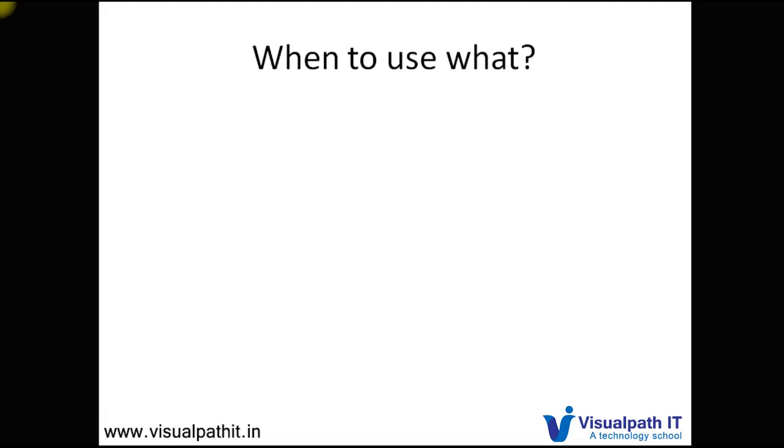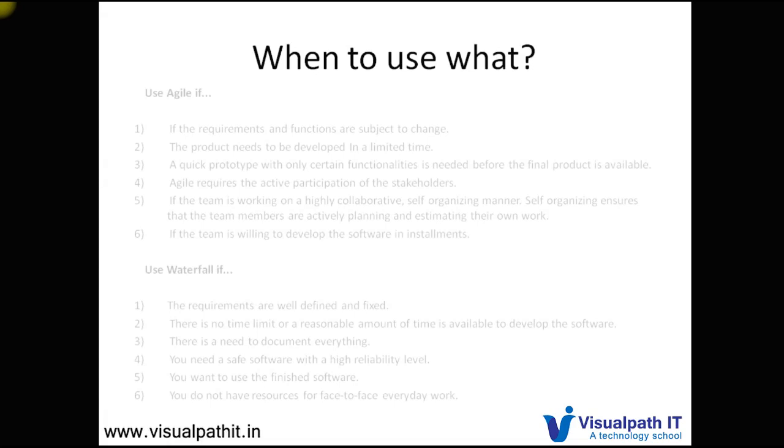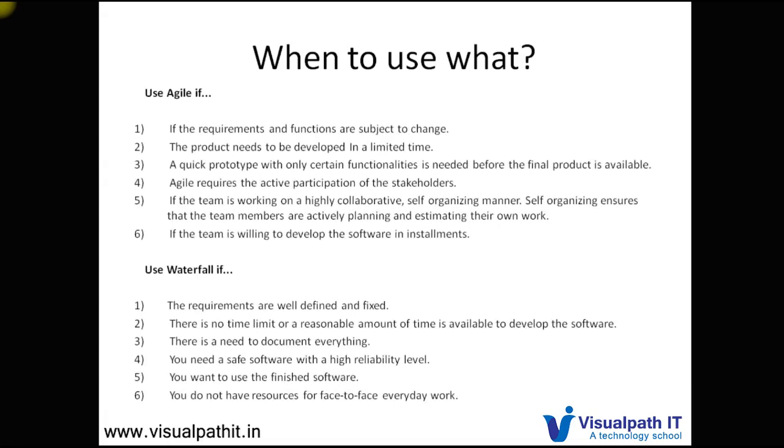Now the important question is when to use what: when to use waterfall and when to use agile. We can use agile if the requirements and the functions are subject to change.